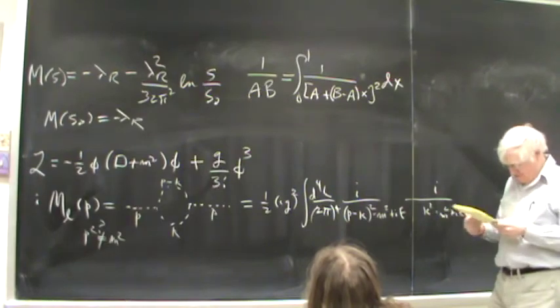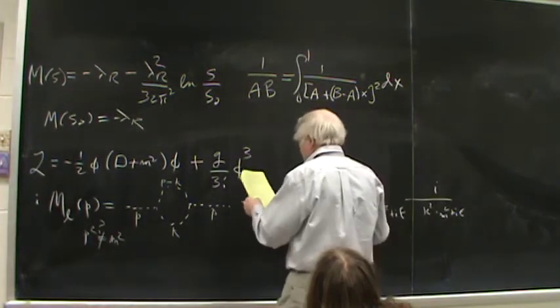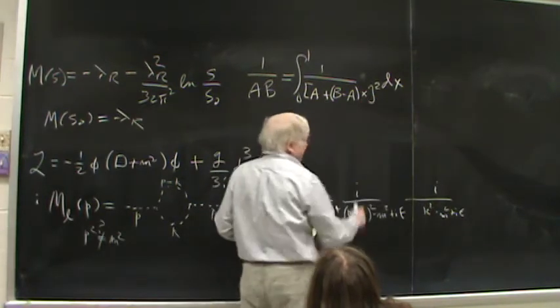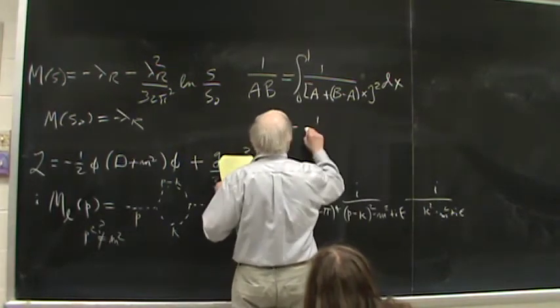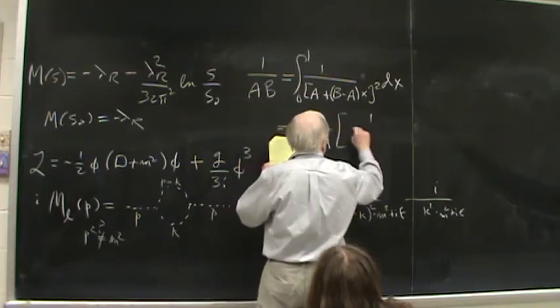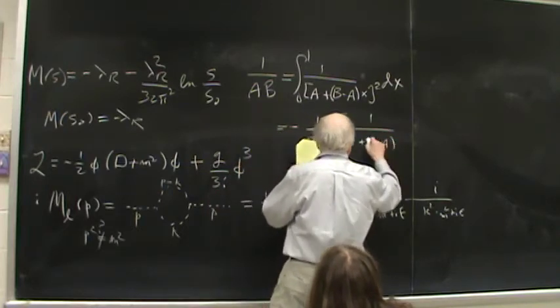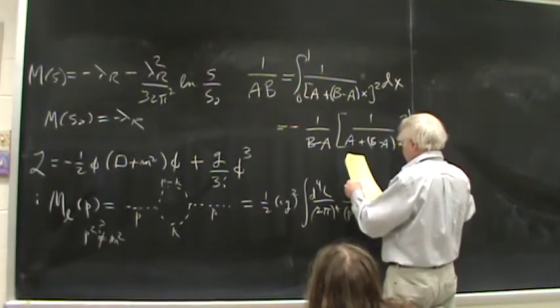And I see someone looking at it curiously, suspiciously, so let me show you how this actually works. This is an integral over x, so it's one we can do analytically. So it's 1 over b minus a, 1 over a plus (b minus a)x, x from 0 to 1.